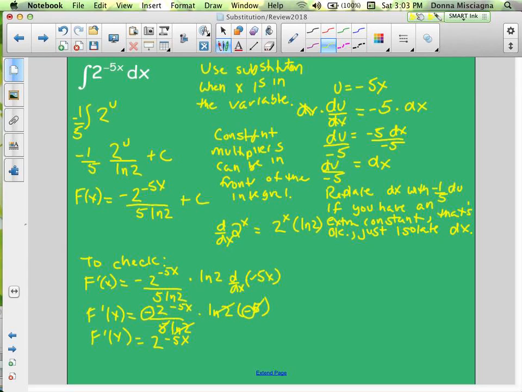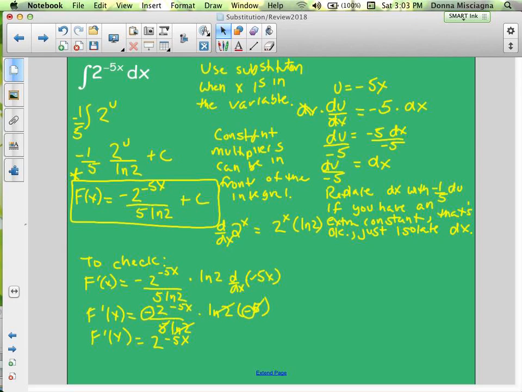And there we go. You can see we did this right because when we took the derivative, we got back to the integral. When we're taking an integral, we're just going from the derivative back to the original function. There's our answer after we integrated, and that's the check.